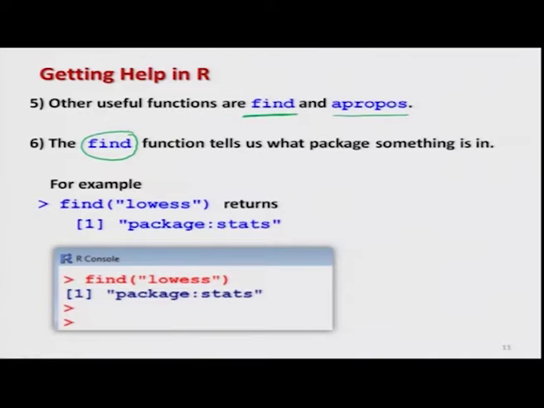For example, if there is a package called lowess, and suppose I want to know what is in this lowess, I type find, lowess inside the bracket and inside the double quotes, and you will see what I get.